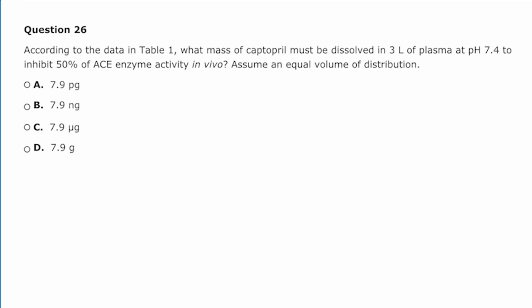Yeah. And so if you set this up, you have 0.012, that's times 10 to the negative 6th moles per liter when you convert it from the micromolar. You times it by 3 liters and times it by 220 grams. You get 7.9 times 10 to the negative 6th grams, which is micrograms. Micrograms, yeah. So that's it.